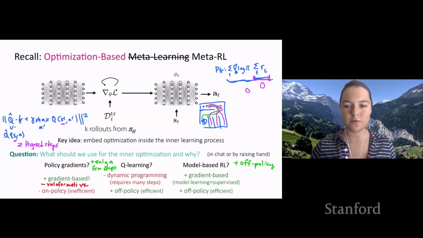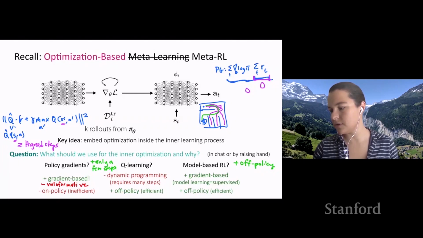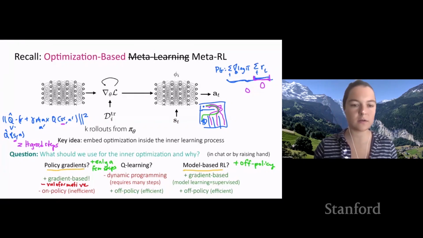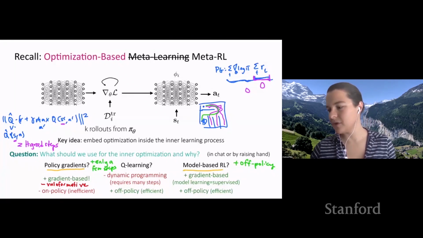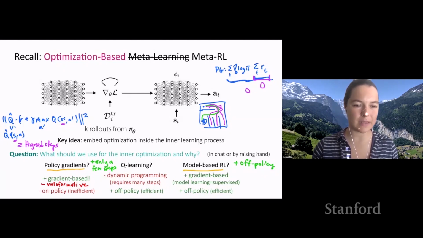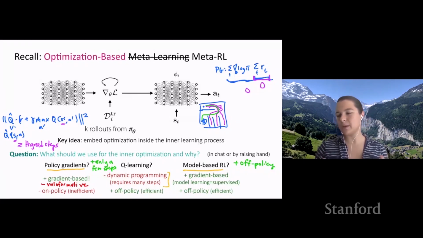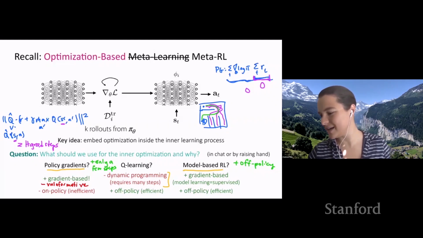Now let's go into a few examples, and in particular, we're going to look at an example of MAML with policy gradients and MAML with model-based RL. There actually aren't really any papers that look at something directly like MAML with Q-learning because of this challenge. There are a couple papers that suggest different alternatives for potentially alleviating this, but they're challenging.